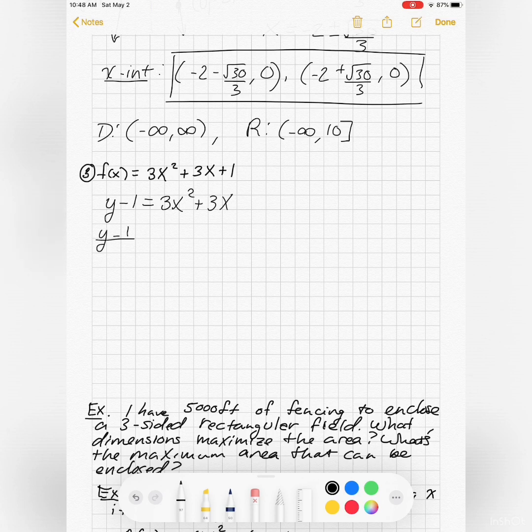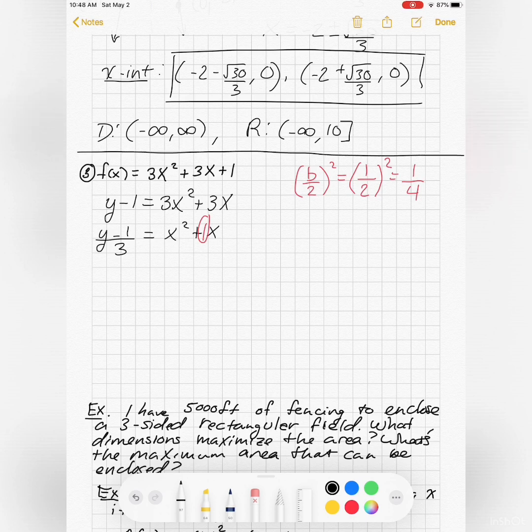Divide by the lead coefficient. Divide both terms. You see how in this one the b is actually 1. So a half squared is a quarter. So my special number that I'm adding on both sides is actually a quarter.